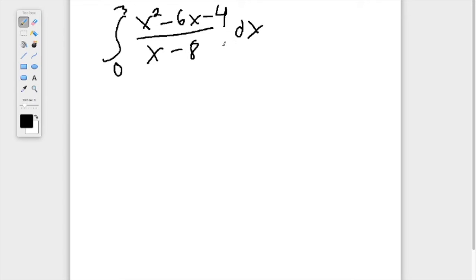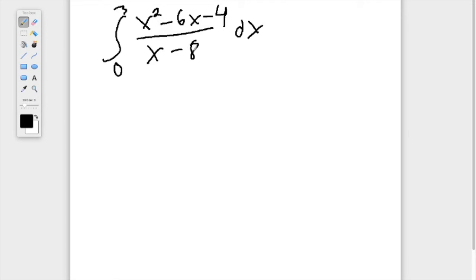It doesn't look like separating into separate integrals would work, because if you had only this part right here and didn't have the x squared, you could do that. But since you have this x squared, it's a little sloppy.